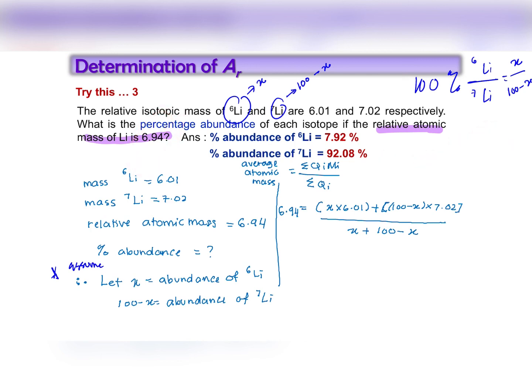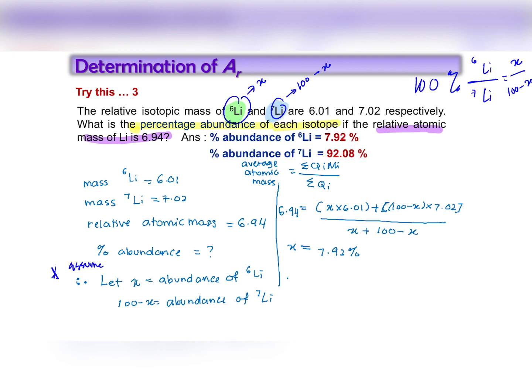Okay, now back to this, and you will get X equals 7.92%. Okay, so when you have X, because the question asks for each isotope, what is the percentage abundance of each isotope, it means you have to find for lithium 6 and also lithium 7.